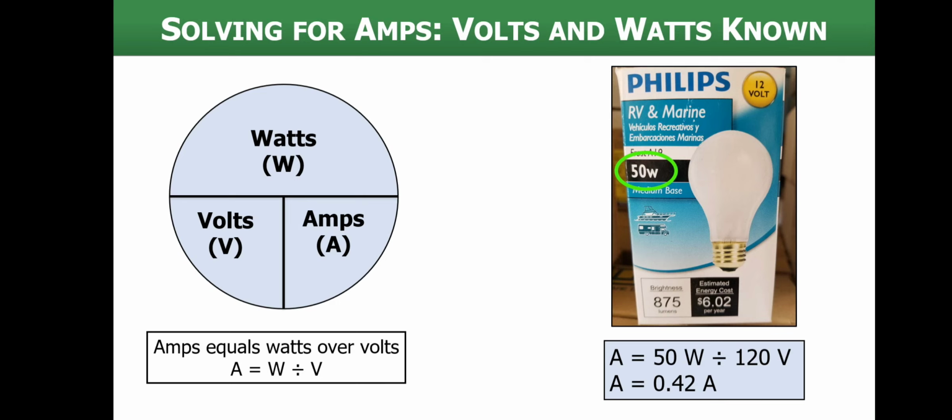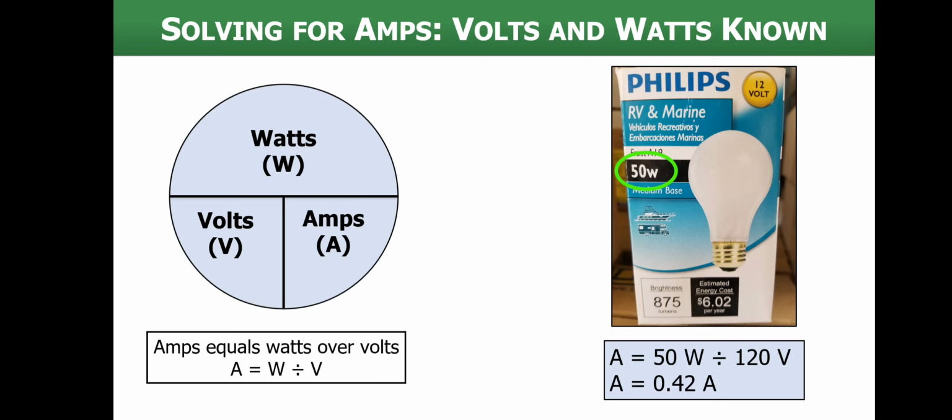So if we know that this is a 50-watt light bulb, we assume that it's a 120 volt system. We divide 50 watts by 120 volts and we get 0.42 amps. So that's the current that this light bulb is going to draw at 120 volts.